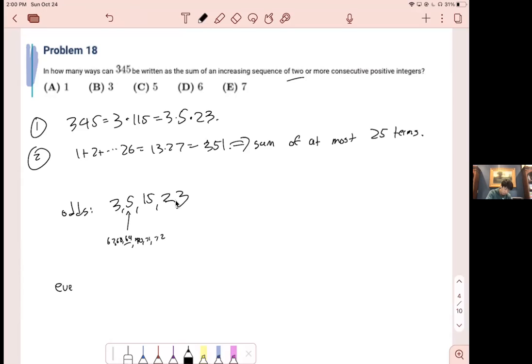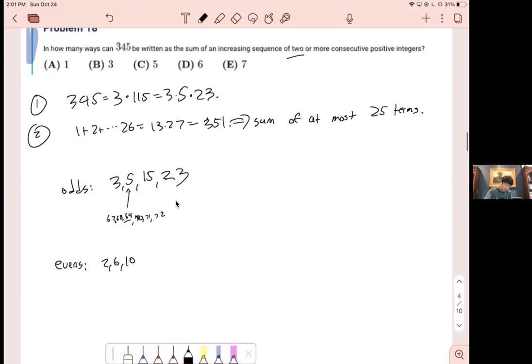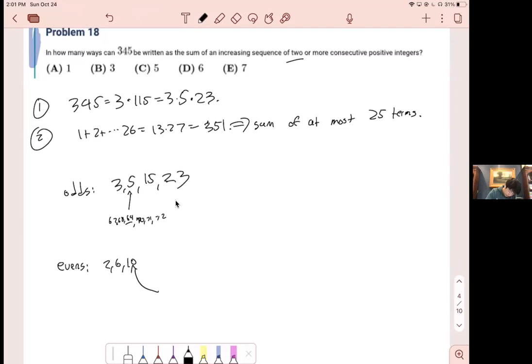We also can have some evens. We can get away with it. For example, that would be 2, 6, and 10. For 2, 6, and 10, we would want to center this around 34.5.